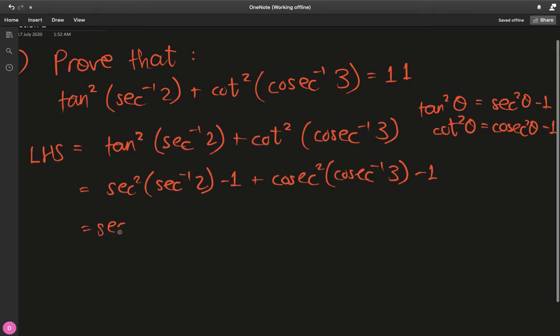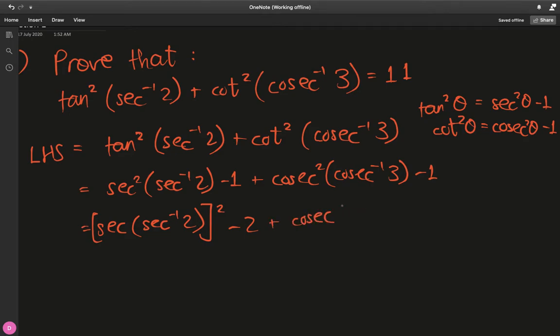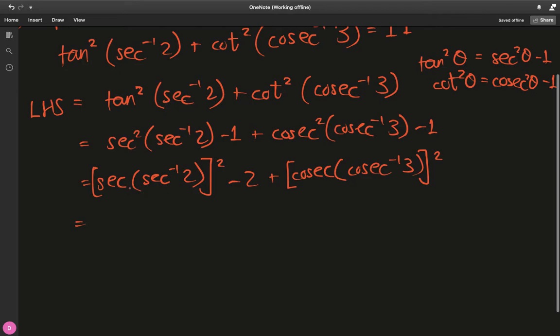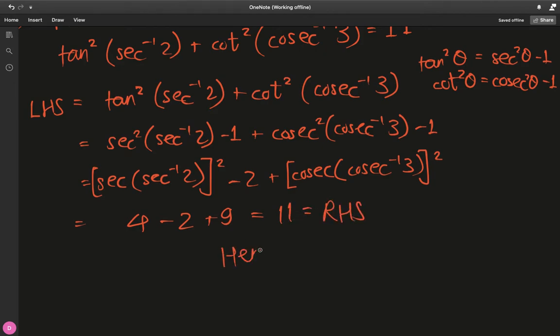This can be expressed as secant of secant inverse of 2, the whole thing squared, minus 1, plus cosecant of cosecant inverse 3, the whole thing squared, minus 1. The trigonometric function and the inverse trigonometric function cancel off to just give us 2 squared, which is 4, minus 1, plus 3 squared, which is 9, minus 1. 9 plus 4 is 13, minus 2 is 11. That's our right hand side. Hence proved.